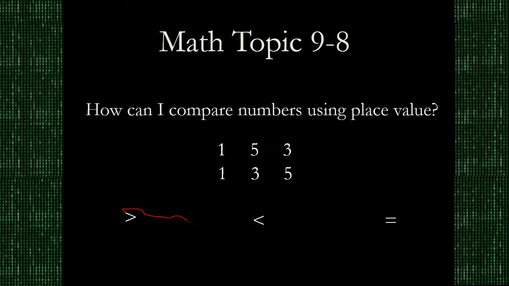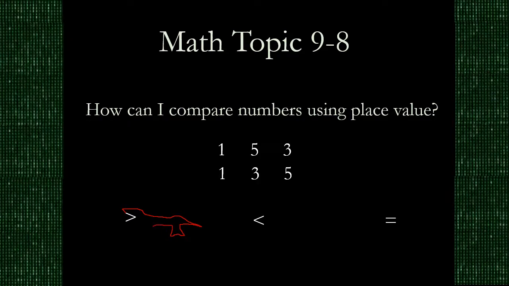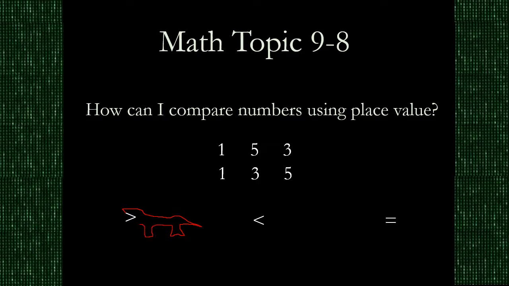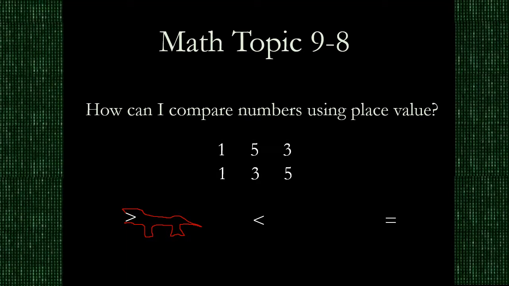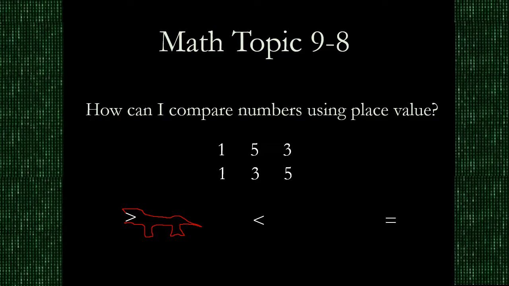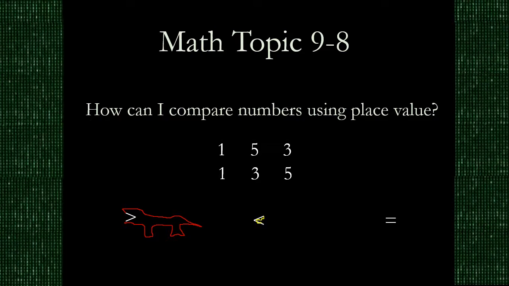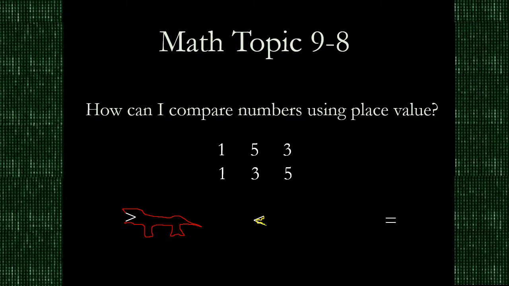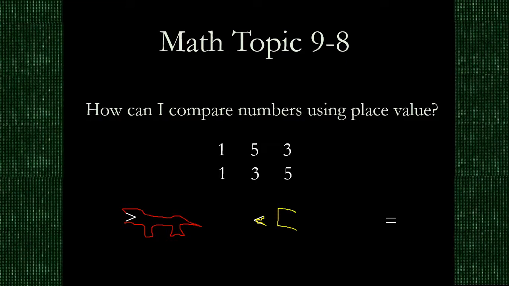I'm not a very good artist here, but you can just imagine an alligator being really hungry and wanting to eat the bigger number. If it's less than, the alligator is pointing the other way. And I'll even give it some teeth. So the mouth is going to open to where the bigger number is.